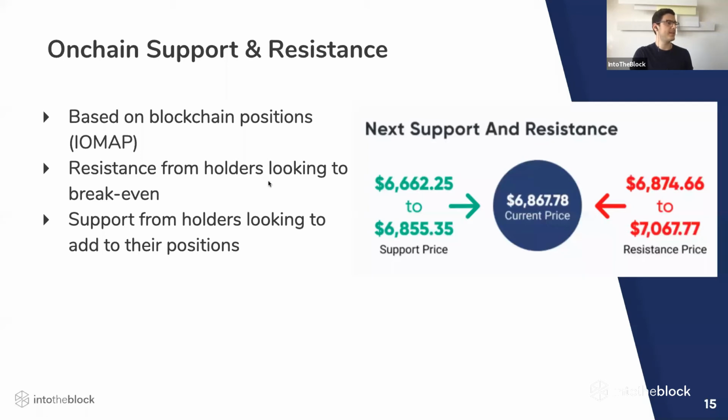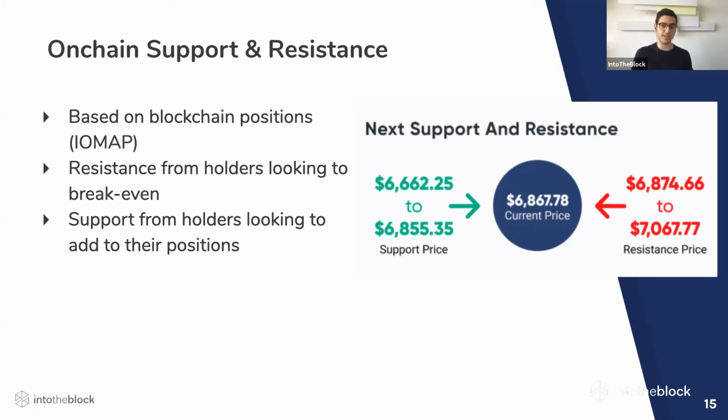But the key is, and what we've seen from testing this continuously, is that there's resistance from holders looking to break even at prices that they previously have bought before. So 10,000 is a key price area, of course, that a lot of holders have bought in previously, either in 2017 or in the rally of summer 2019.